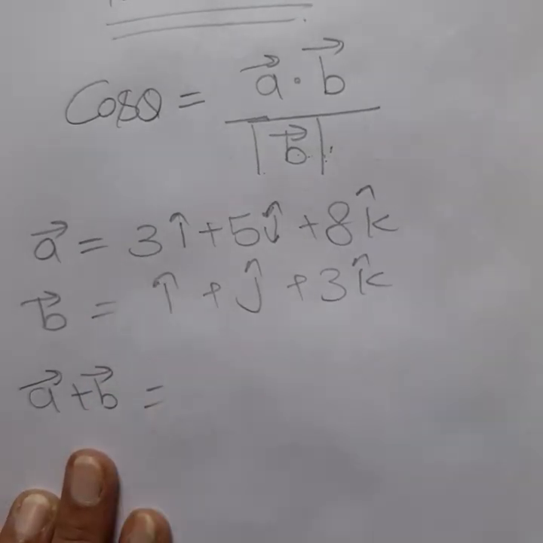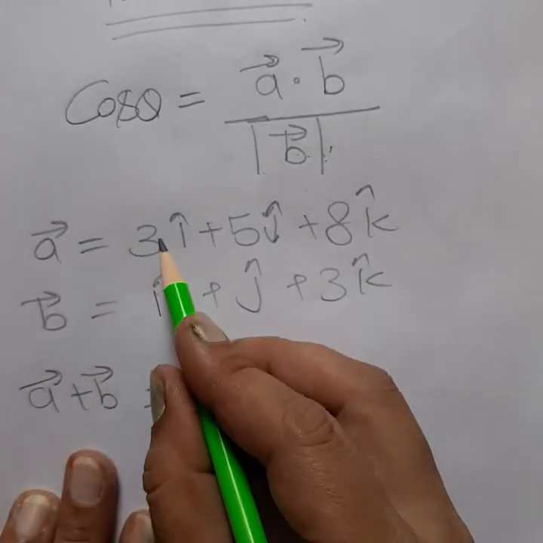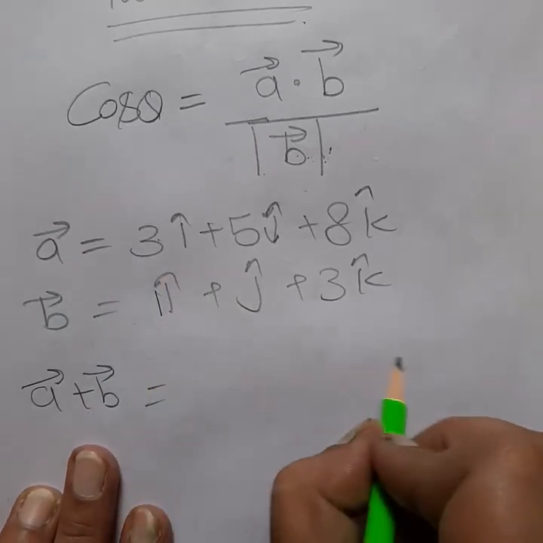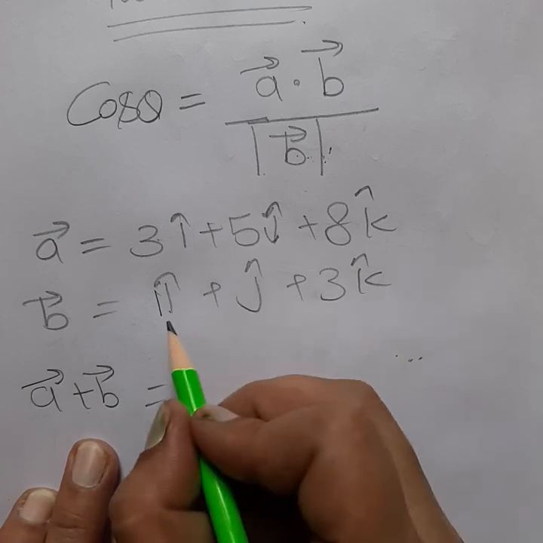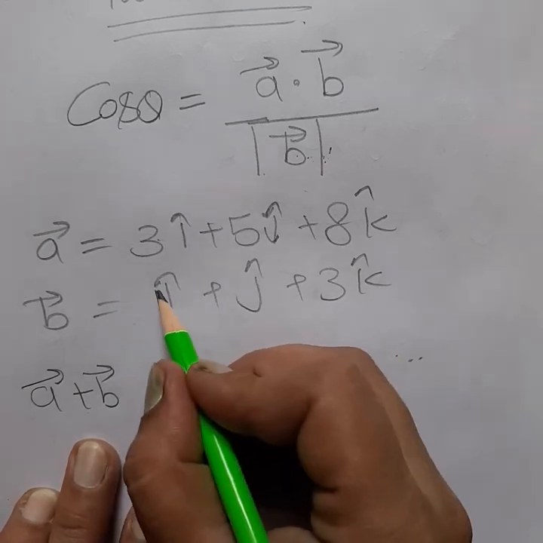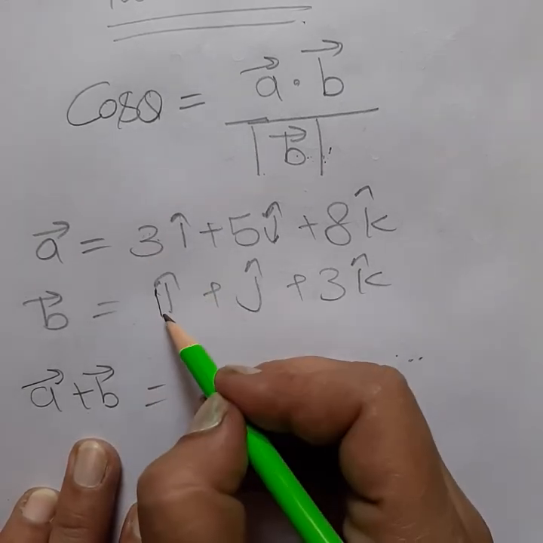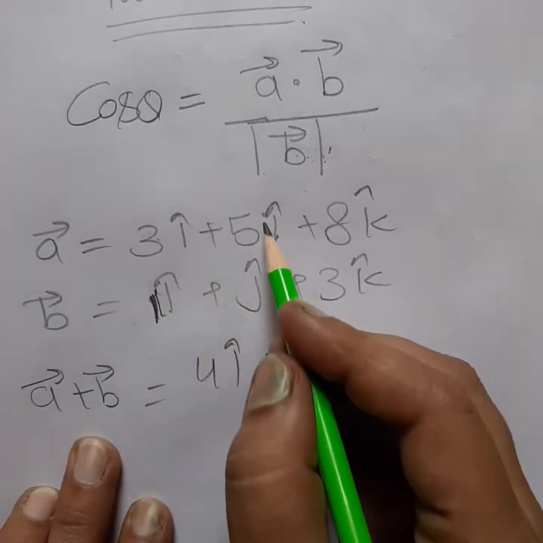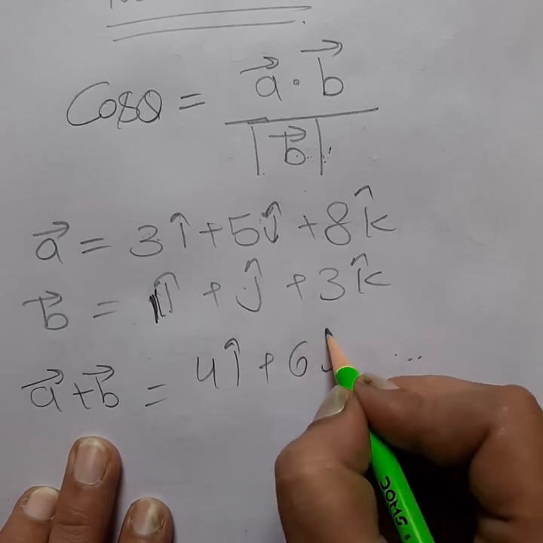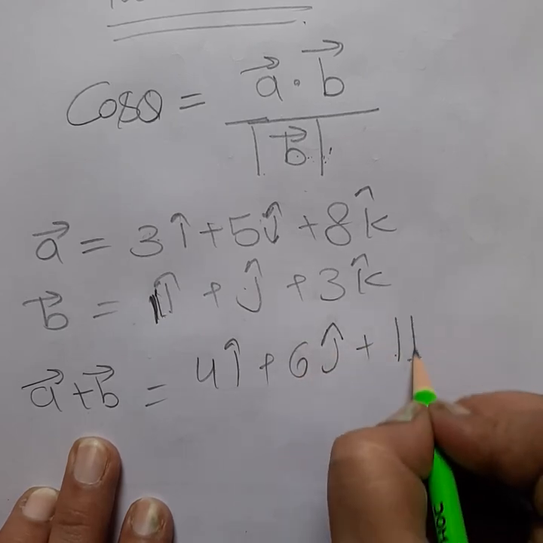We can add these two vectors like 3 plus 1. I want to tell you the shortcut method, so we need not write everything thoroughly. 3 plus 1 you get 4i, and 5 plus 1 you get 6j, and 8 plus 3 you get 11k.